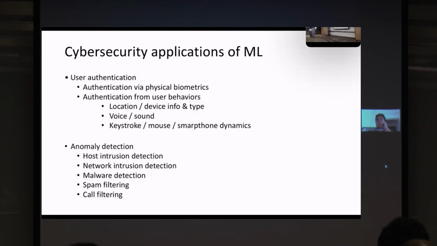So you have different types of anomaly detection. This can be on a specific host, or it can be applied to network, where you try to classify what is the legitimate traffic and what is an anomaly, so a possible attack.